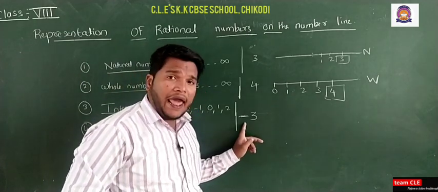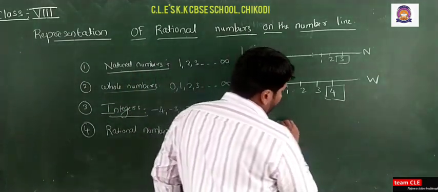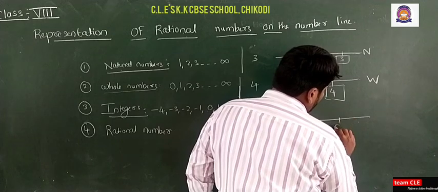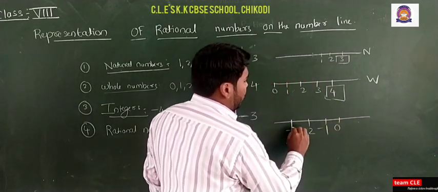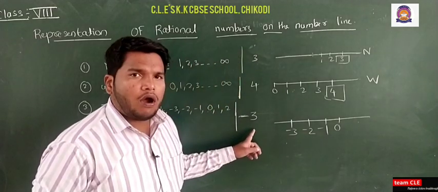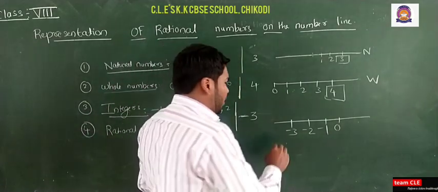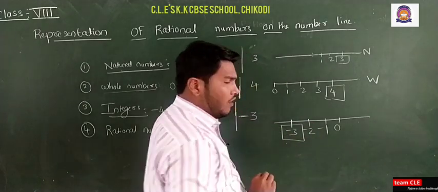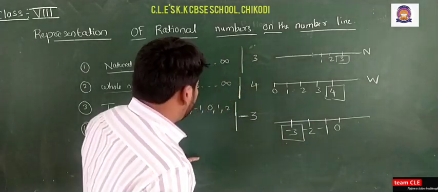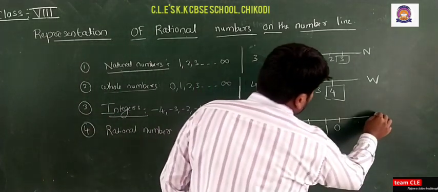So I go through 0, -1, -2 and -3, and I plot -3 on the number line.